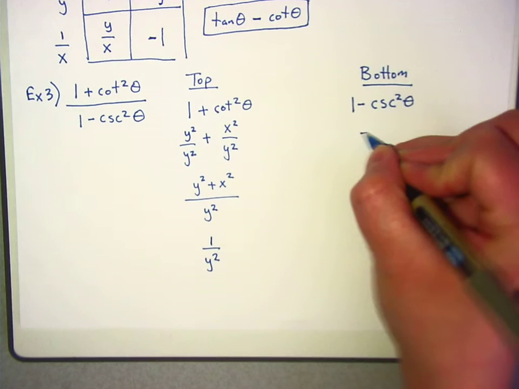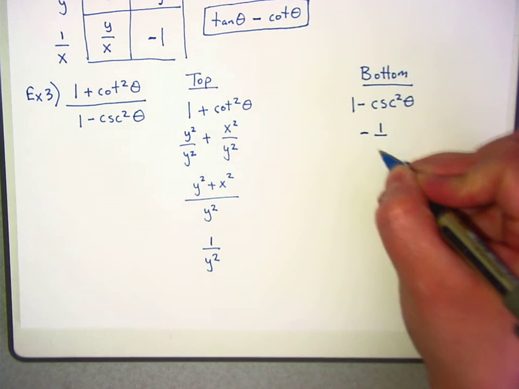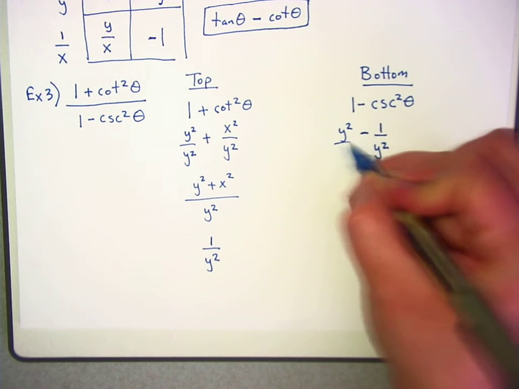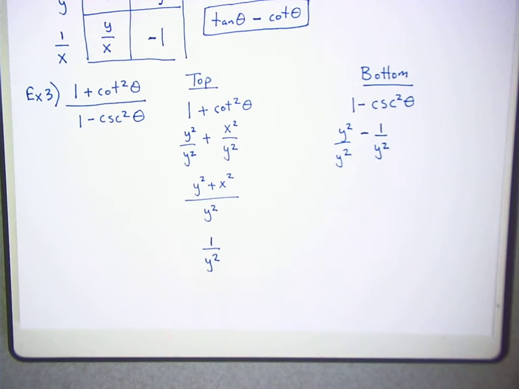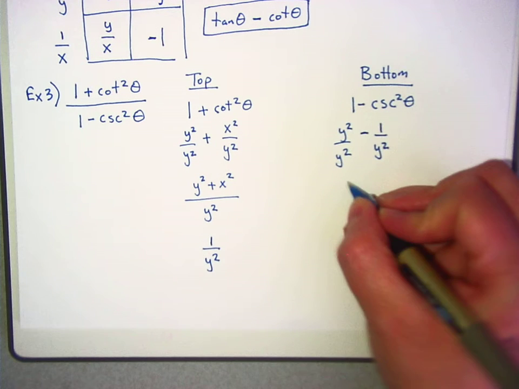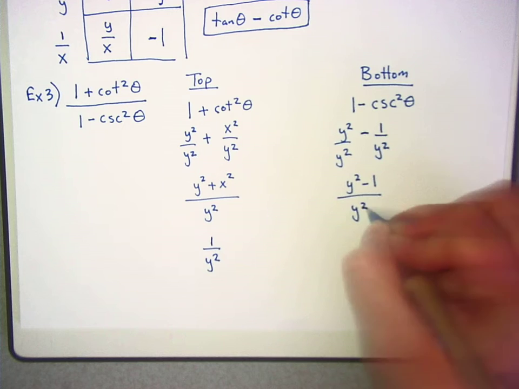All right, minus, what's cosecant squared? 1 over y squared. I'm going to make this one y squared over y squared so I can put them together. Y squared minus 1 over y squared.